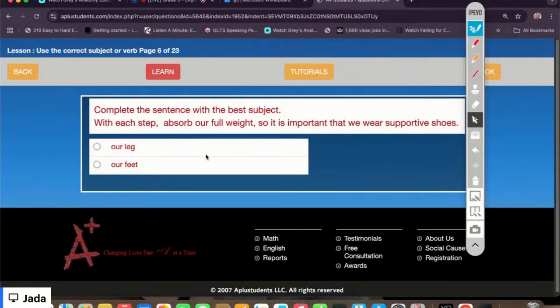So with each step, is it our leg or our feet?